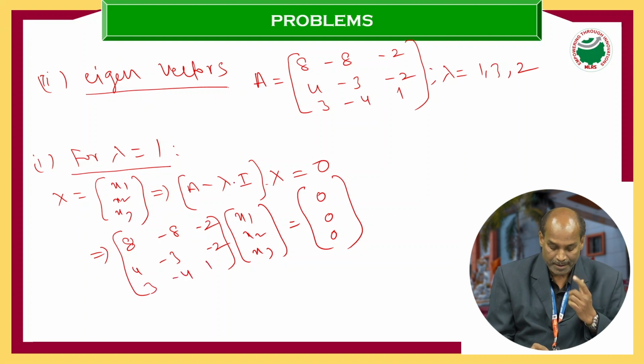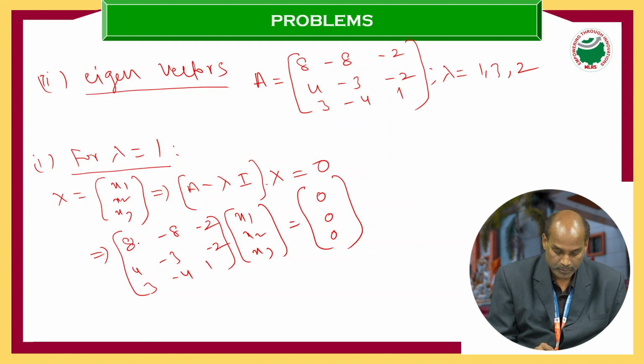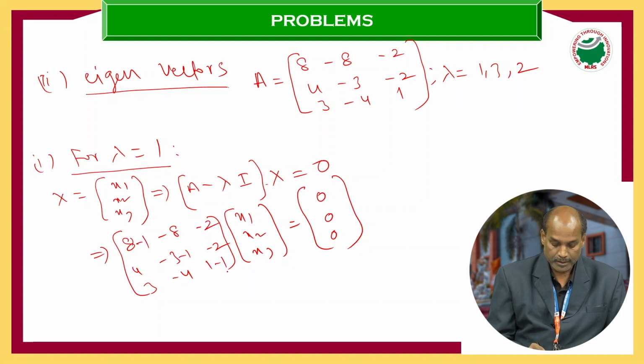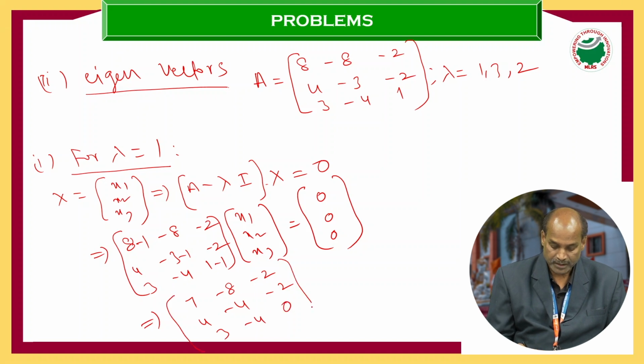Now minus lambda, which is 1: subtract 1 from the diagonal elements. Now we get 7, minus 8, minus 2, 4, minus 4, minus 2, 3, minus 4, 0, into x1, x2, x3 equals 0, 0, 0.